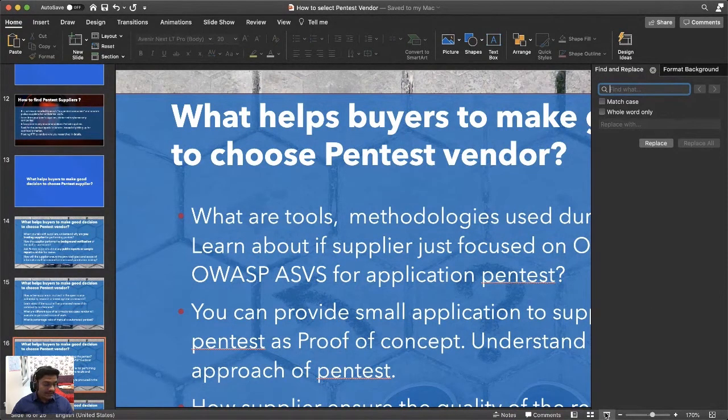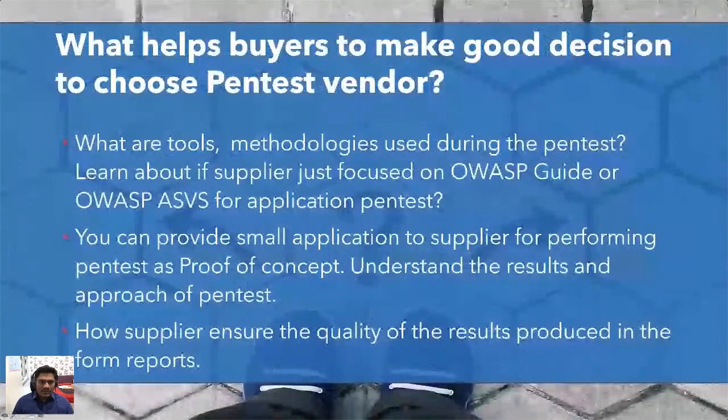I hope my screen is visible. Now, we were talking about how you can provide a small application as a proof of concept. That is totally okay. That will give you good results as well, and you will also get confidence in your pen test vendor, right? Now the next very important point: how is the supplier ensuring that quality results are produced in the form of reports?